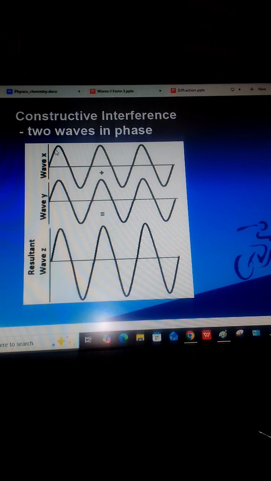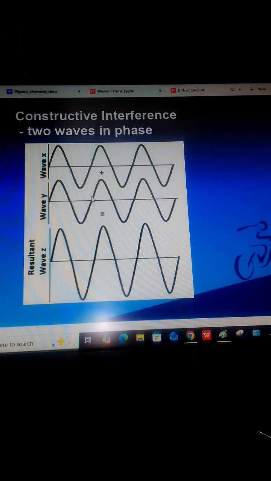We can see the crest coincides with the crest for this wave. The trough also coincides with the trough for this wave here. So the two waves are in phase. So when we add the two waves, we get this result, constructive interference, because the two waves are in phase. Okay?